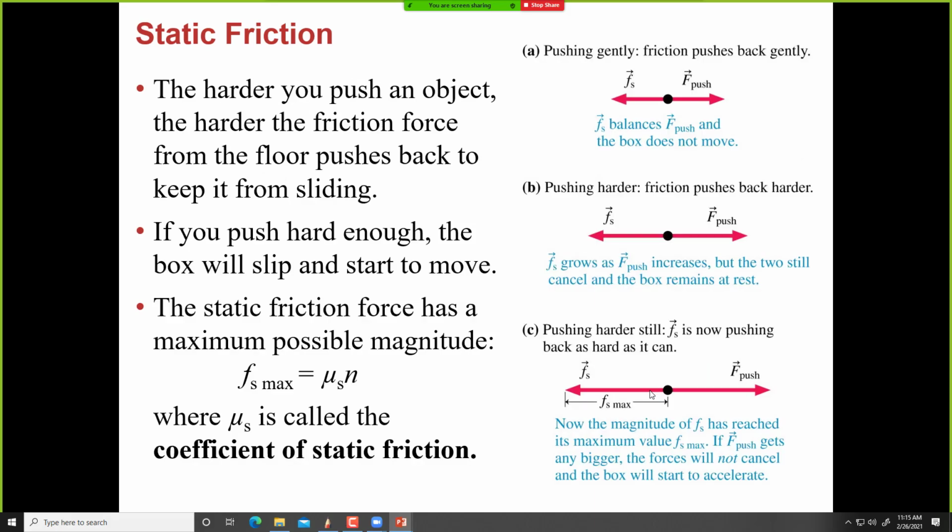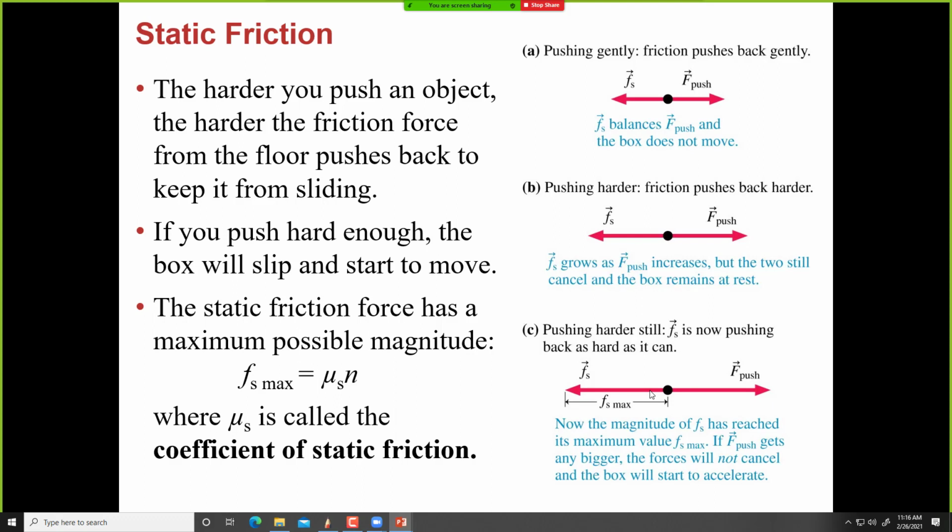Now, static friction is not constant. Okay? It depends on how much force you provide on an object. So the harder you push an object, the harder the friction force from the floor pushes back to keep it from sliding. So initially, you have a box, you apply a small force on that box. There would be a small friction force to oppose your force.